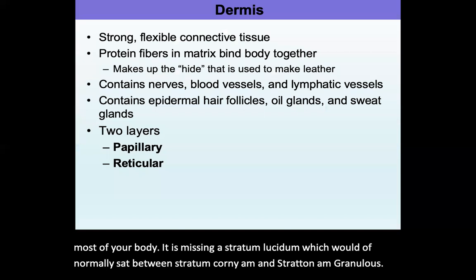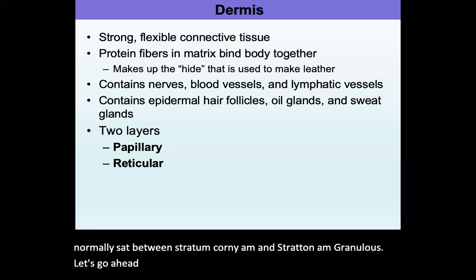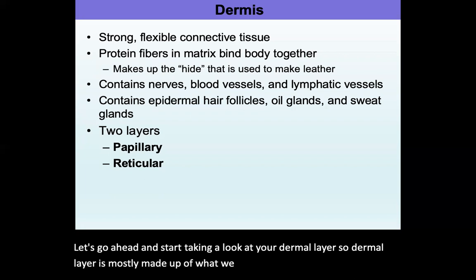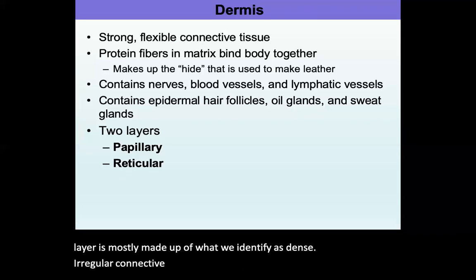Now, let's go ahead and start taking a look at your dermal layer. The dermal layer is mostly made up of what we identify as dense, irregular connective tissue. It is highly vascularized.